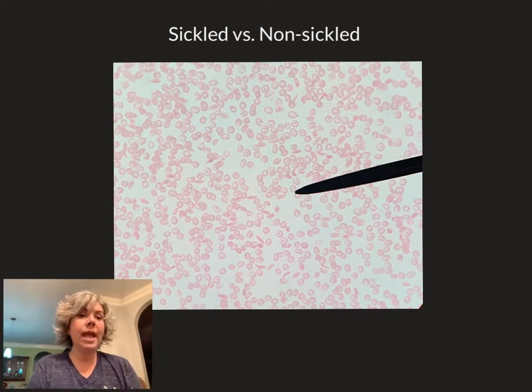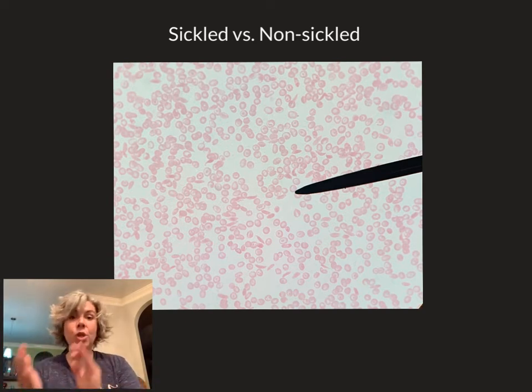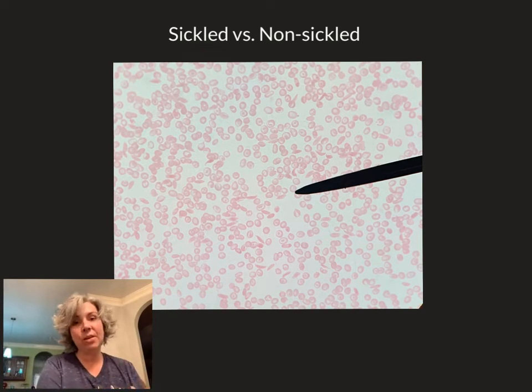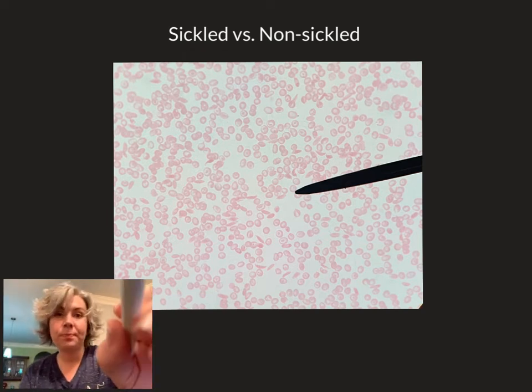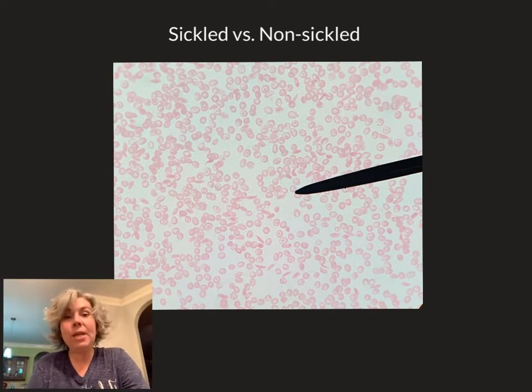So what we're looking at here is a blood cell sample where some of the red blood cells are normal and some of the red blood cells are sickled due to that sickle cell anemia trait. What you need to be able to do is distinguish between the normal cells and the sickled cells. So if we look closely here, we can see there's actually many normal cells.